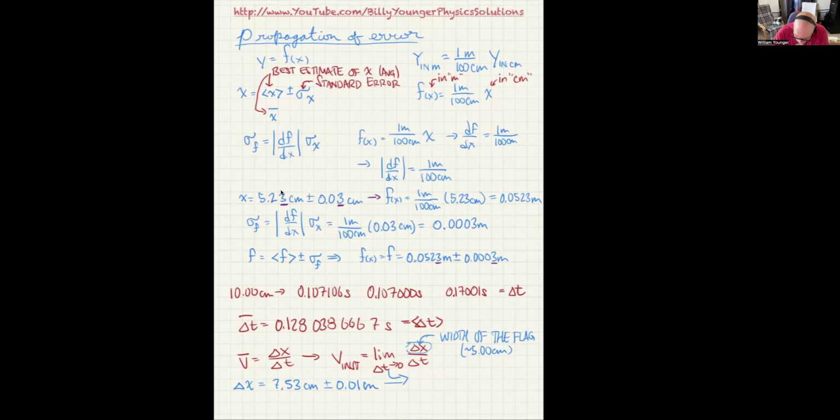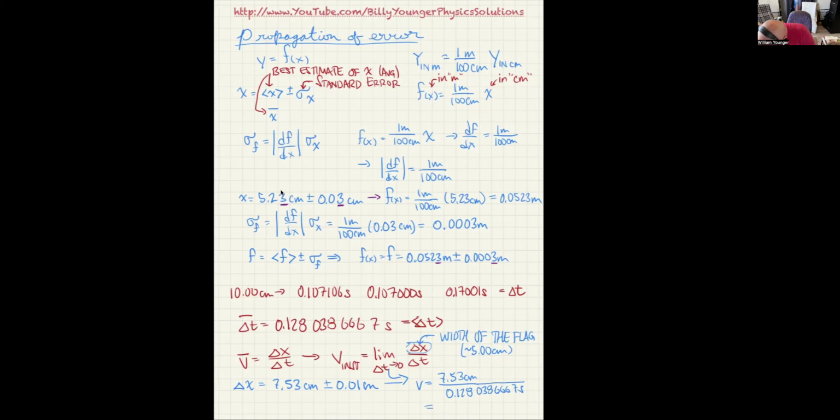So we, in some sense, already took the limit. So this would tell us that the velocity is going to be 7.53 centimeters divided by 0.128038667 seconds.